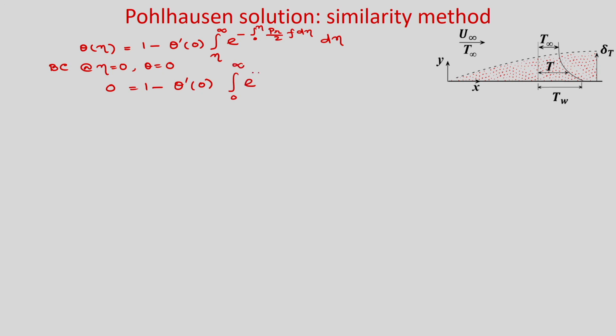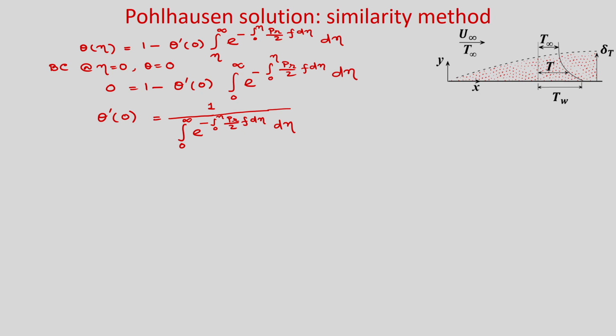So, e to the power minus the integral from 0 to eta of Prandtl number by 2 f d eta into d eta. Now, you can find the value of theta prime 0, right. So, theta prime 0 will be 1 by the integral from 0 to infinity of e to the power minus the integral from 0 to eta of Prandtl number by 2 f d eta, d eta.